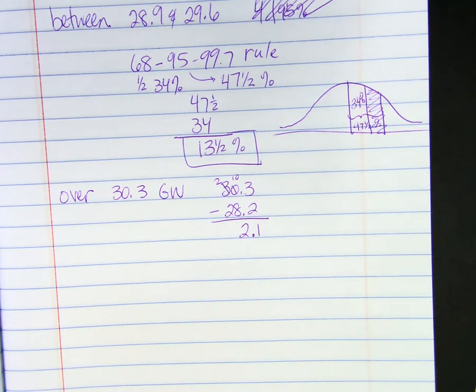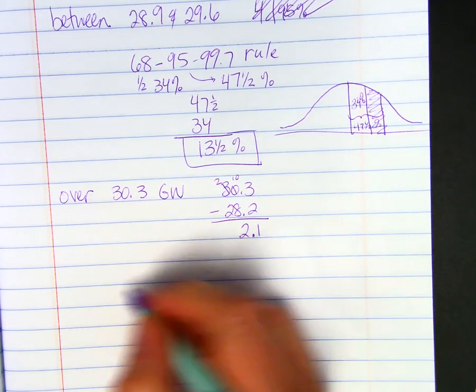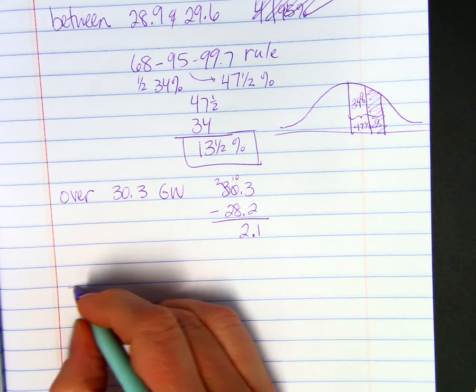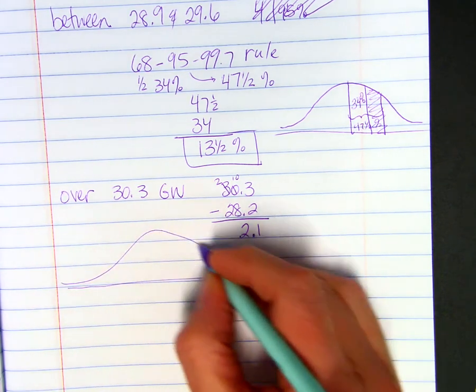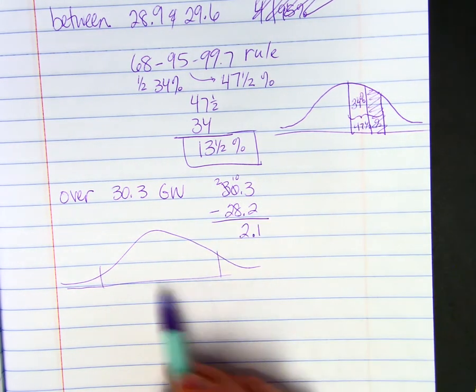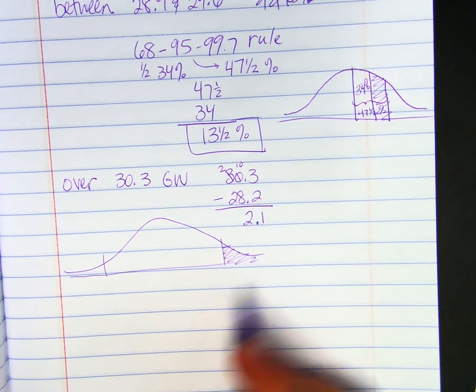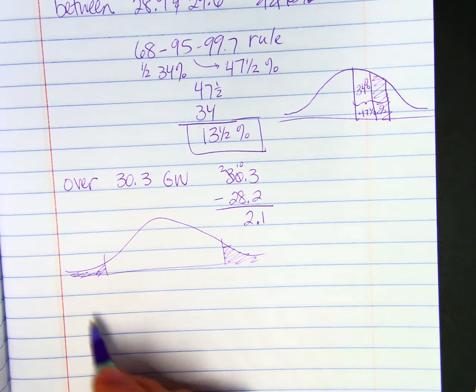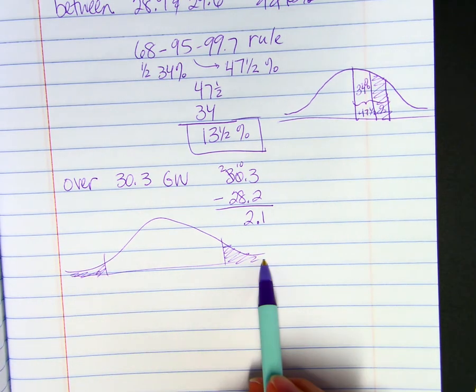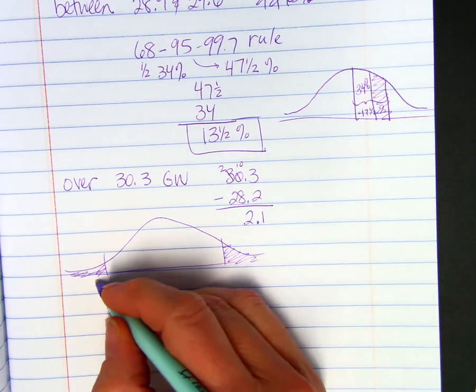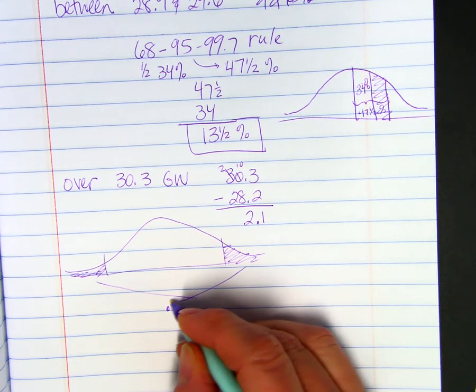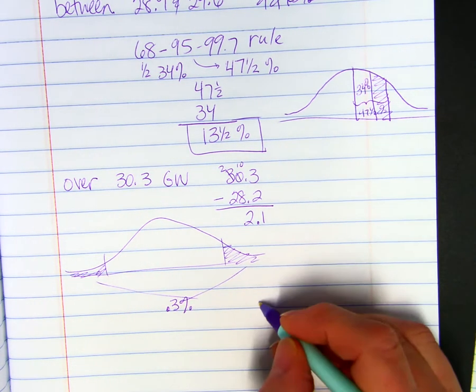That's 3 standard deviations. So if you remember, 99.7 is between 3 and 3. So we want just this part. If you take 0.3%, that gives both of these. So you have to do half of 0.3%. So these two together is 0.3%. So we take half of that.